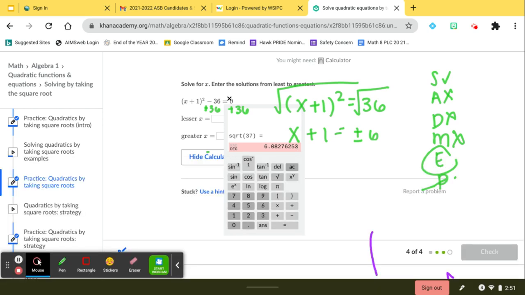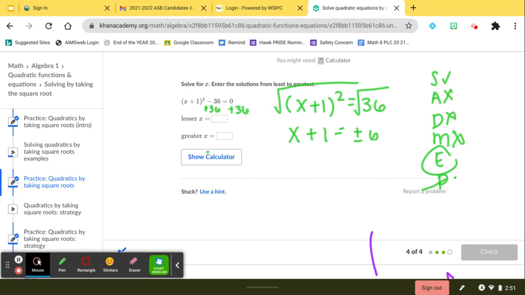It only wants 2 decimal places if you needed decimal places, so you would just do positive or negative 6.08. But this one's nice because it's a perfect square. So I have x plus 1 is equal to the positive and negative version of 6.